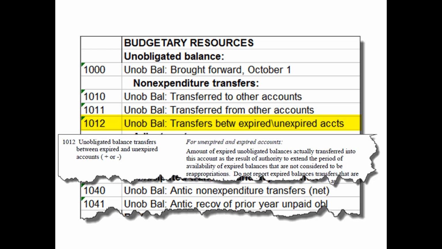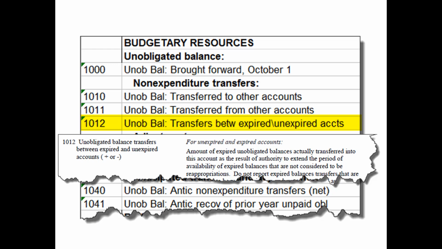For example, there are a few HHS programs that have the authority to keep grant funds available for an additional year if some states are unable to use their share of a formula. These funds are then redistributed to states that can use them. In these cases, unobligated balances are transferred from an expired annual account to an unexpired multi-year account.